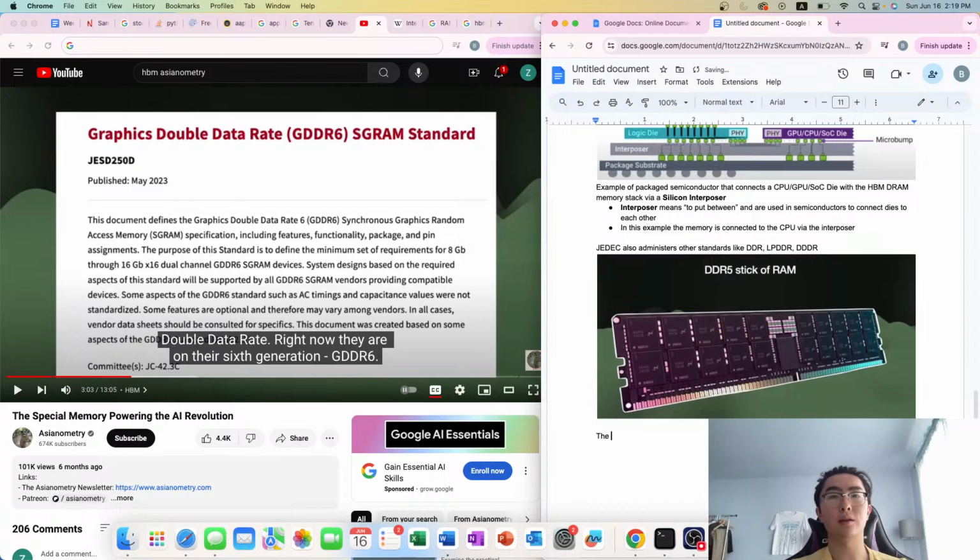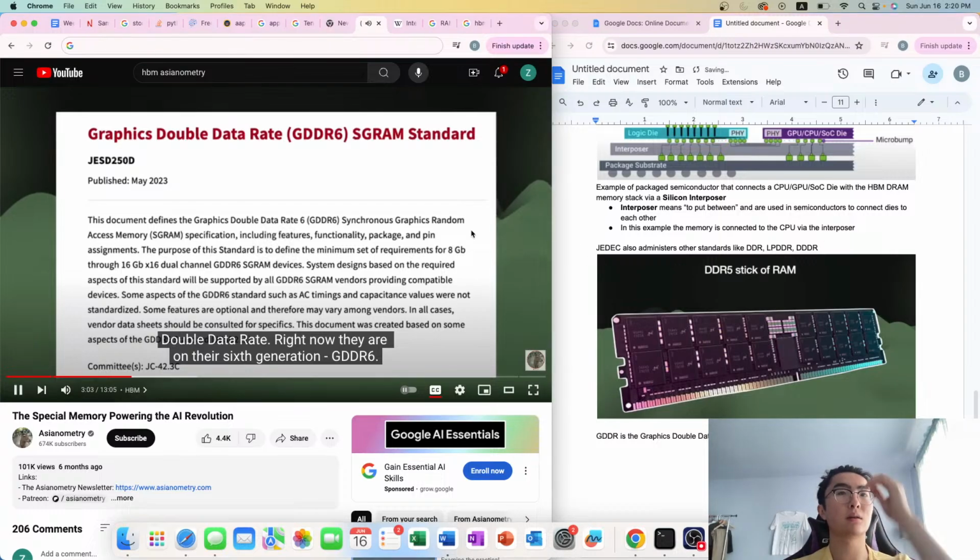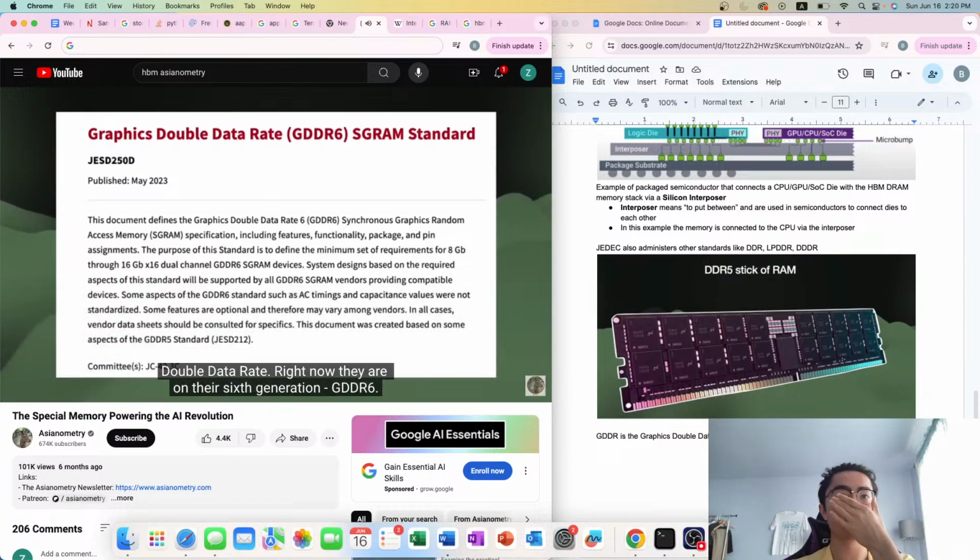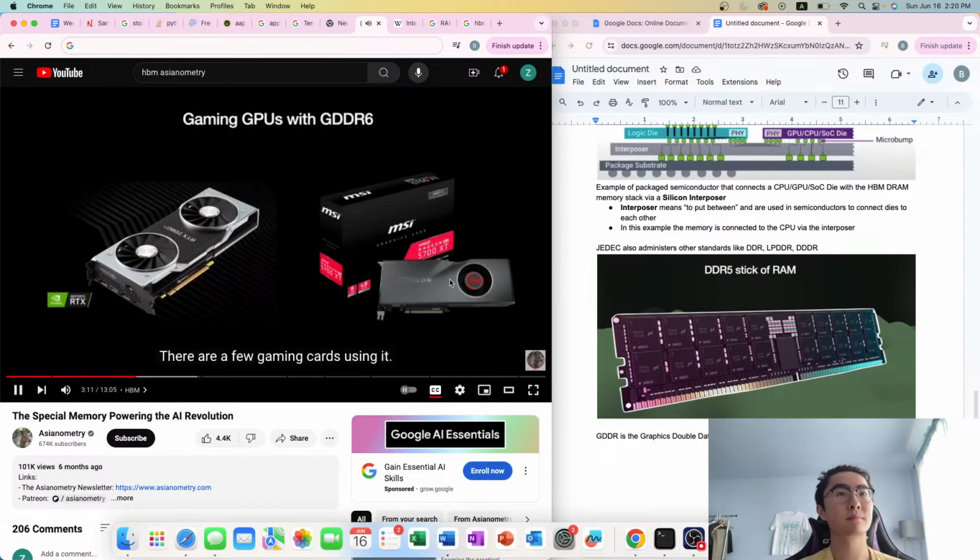So GDDR is the graphics double data rate standard. Right now, they are on their 6th generation, GDDR6, and there are a few gaming cards using it.